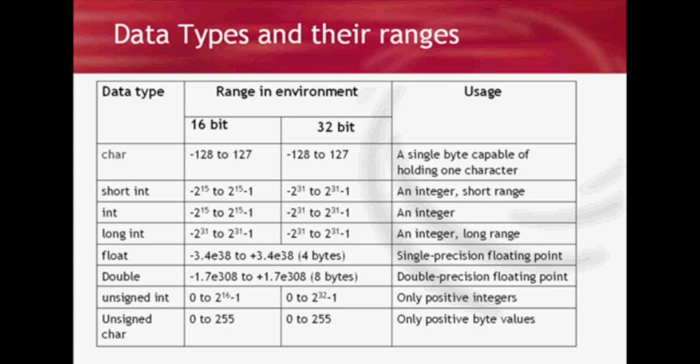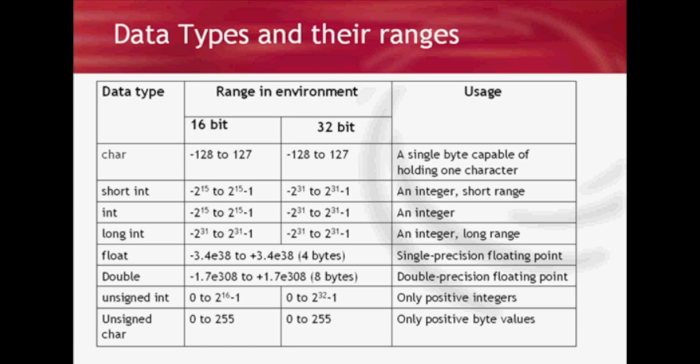Short integer. In a 16-bit representation it is -2 to the power 15 to 2 to the power 15 minus 1. In a 32-bit environment, it is -2 to the power 31 to 2 to the power 31 minus 1. An integer has the same range.